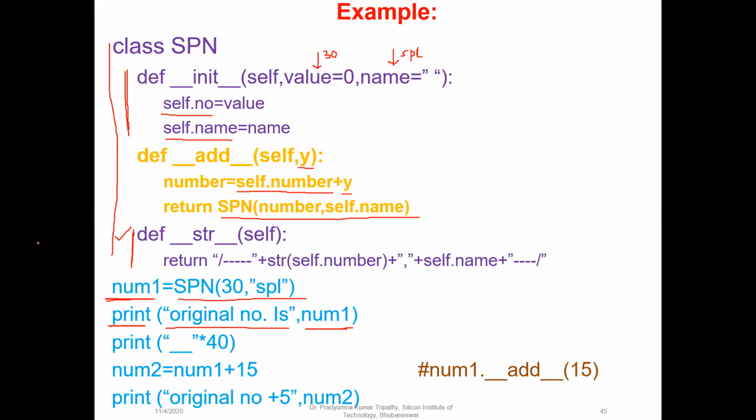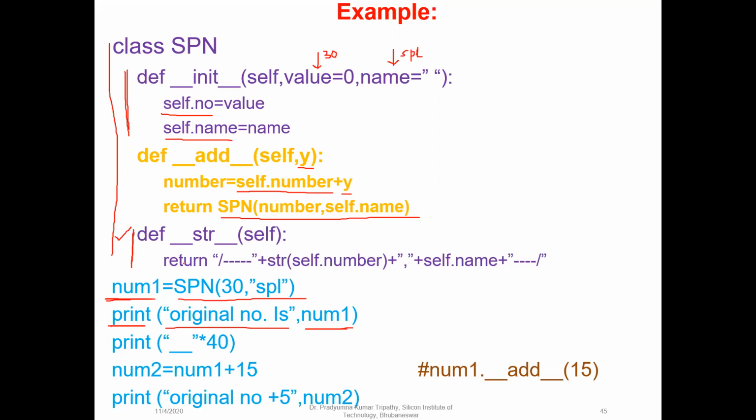Correct? So what will it print then? It will print str of self.number. Self.number is, this should be number actually. Self.number is 30 and self.name is what? SPA. Self.name is SPA.